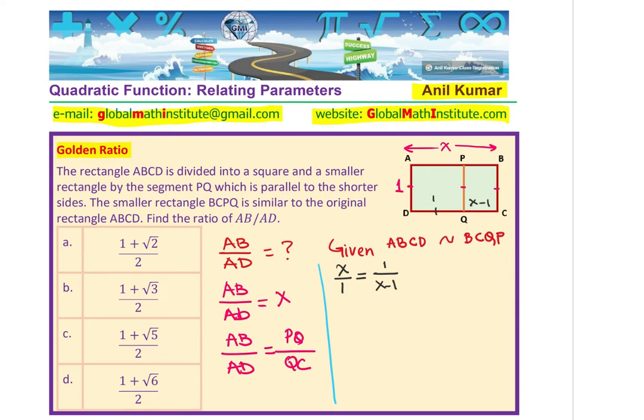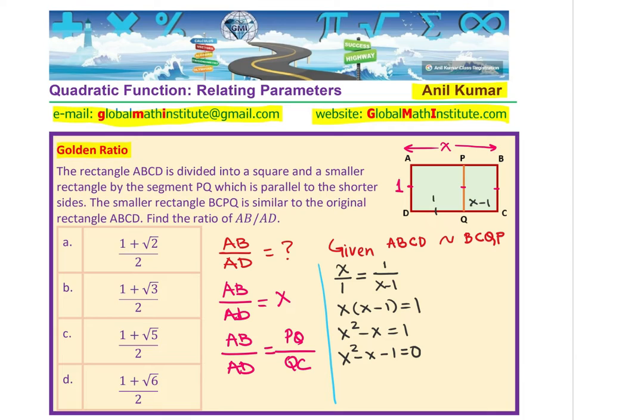That is our relation. We can now cross multiply. We get X times X minus 1 equals 1, and that gives you X squared minus X equals 1. Bringing them together, we get X squared minus X minus 1 equals 0.